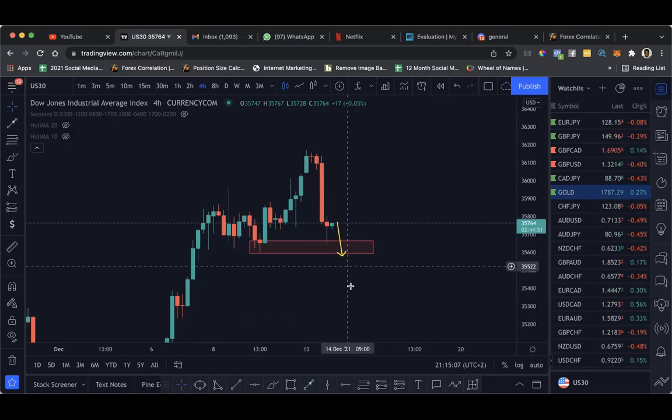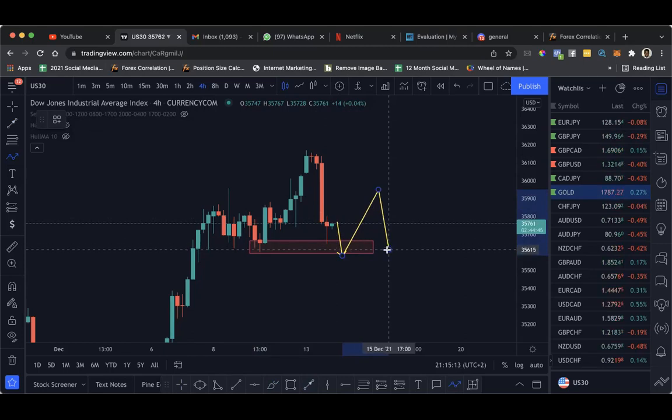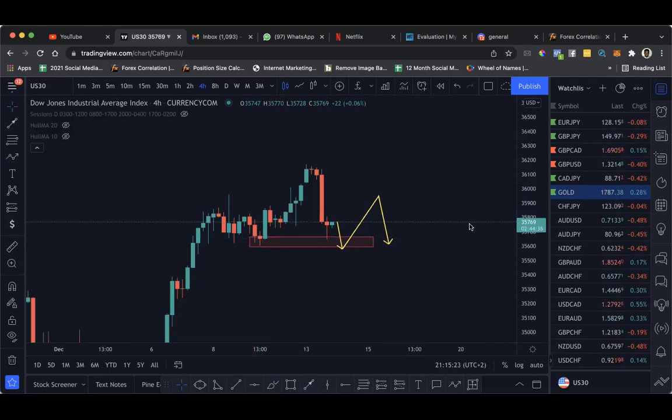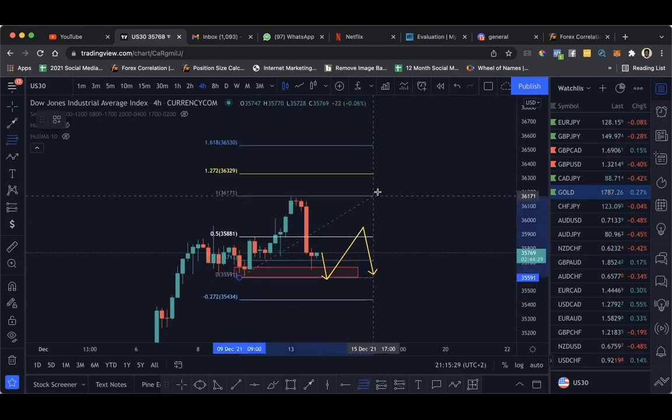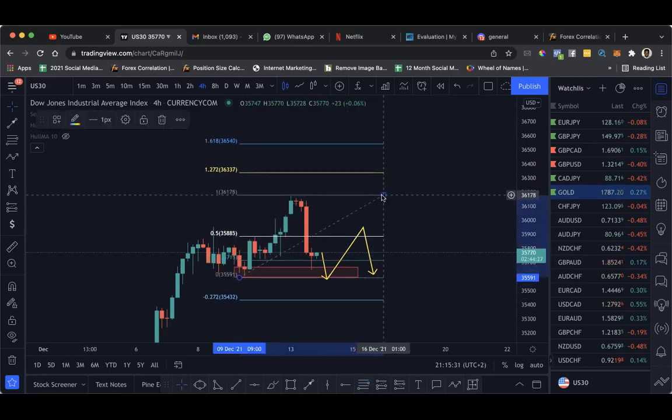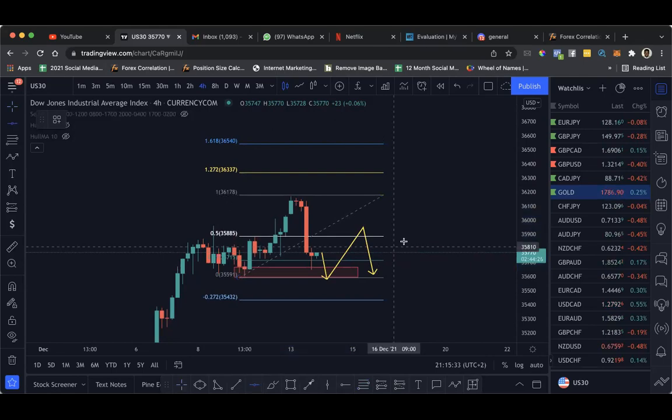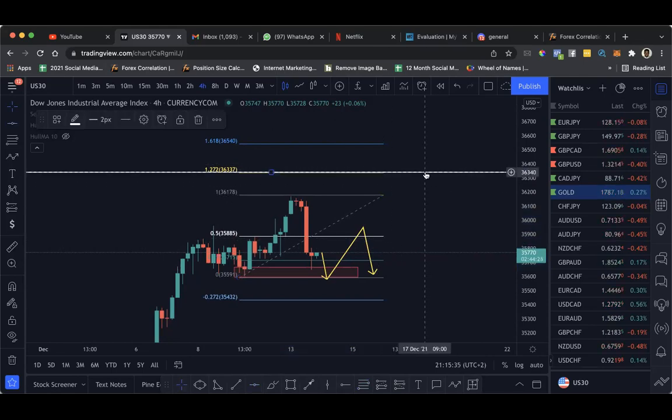And then you want price to return. You want price to return into the order block before you take your entry. So when you take your entry now, you can hold it. You can have something that can go as high as this. Price can now go as high, so this can now be your take profit.